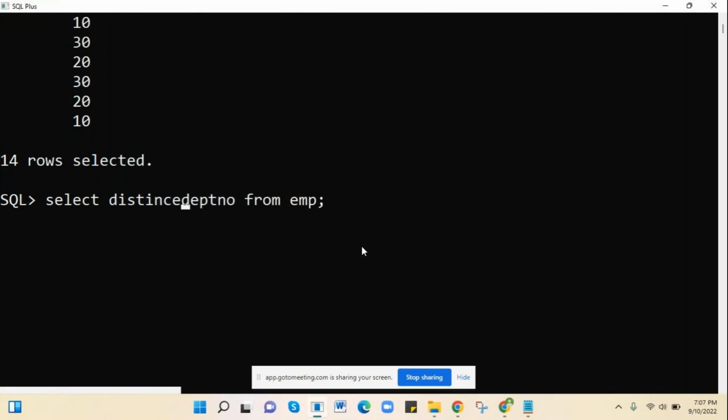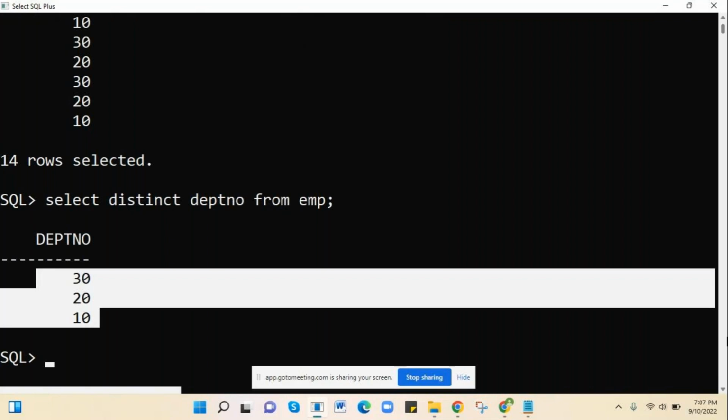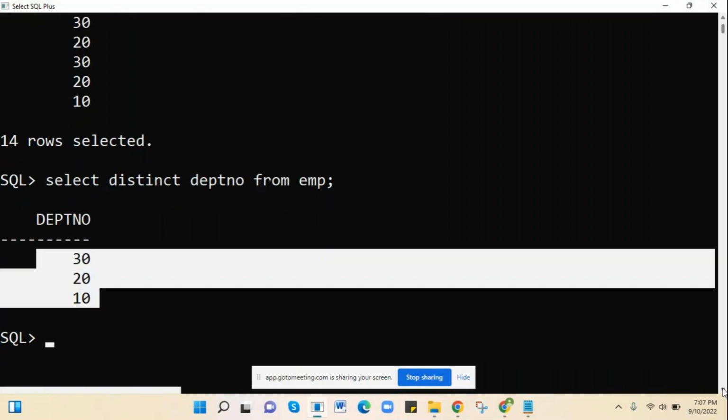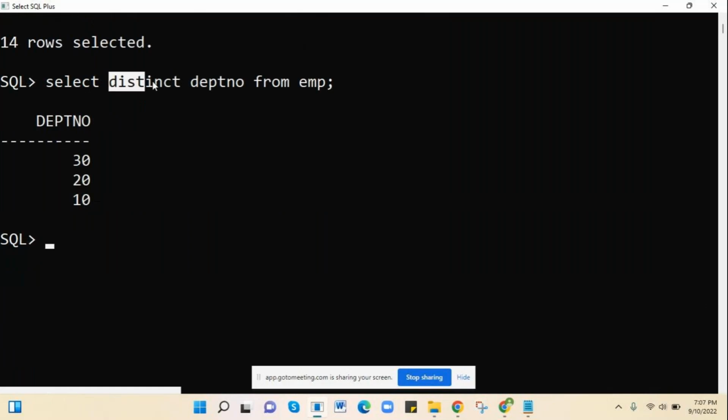At that time use distinct. You see, I have only 3 departments in my company: 10, 20, 30. So distinct is nothing but it suppresses or removes the duplicate values.